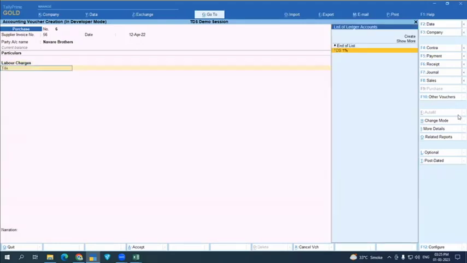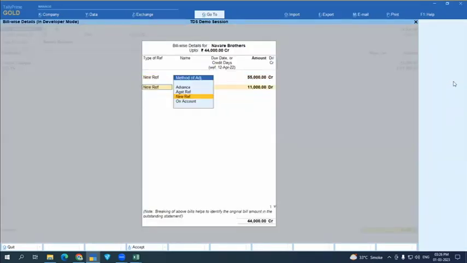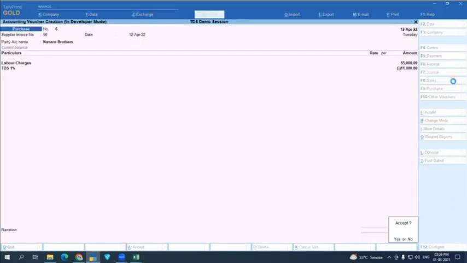Automatically, because PAN is not available, whether it is a resident company, individual or HUF, in both cases, if PAN is not available, 20% is the rate. So 55,000 into 20% TDS is deducted, 11,000. Let's assume that company does not have PAN. So that scenario is also covered.